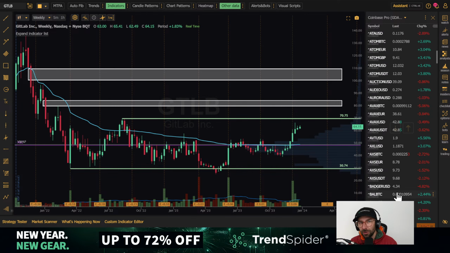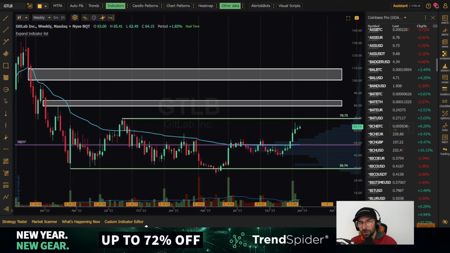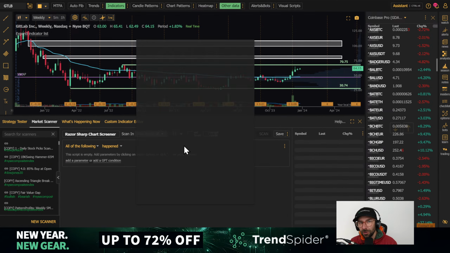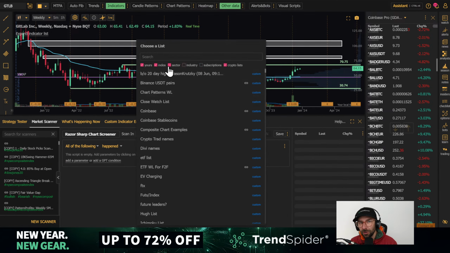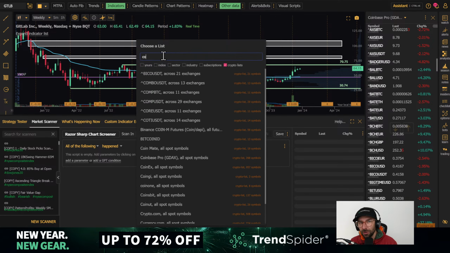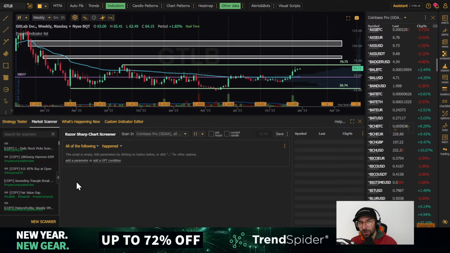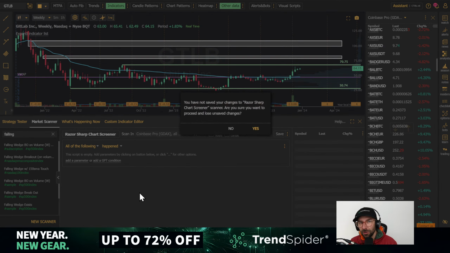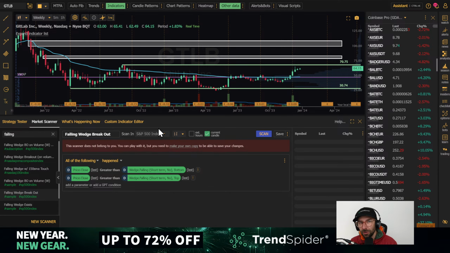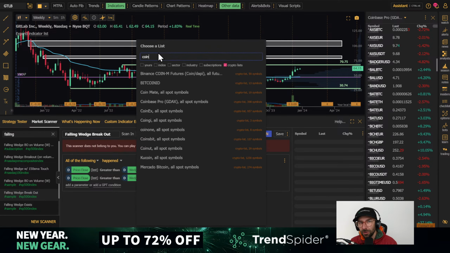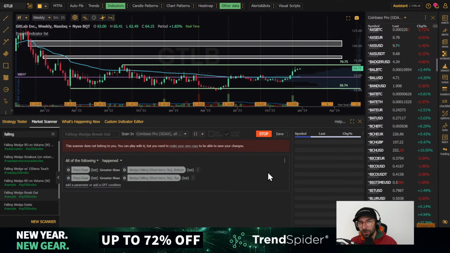And then from here, if you're looking for something really specific within this list, you would just choose that list as your scan list. So you could type in Coinbase. There it is. Now if I were looking for whatever conditions, say following which breakouts in Coinbase. See if anything comes up. I don't know if anything will. But this is how I do it, because I would just use that list.